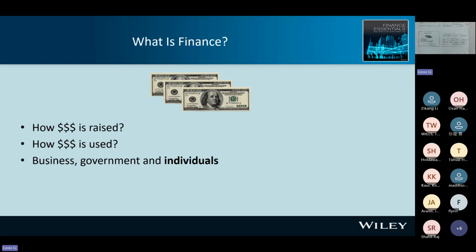It depends on how much money the choice will bring you in the future. So you can see we make finance decisions every day. A decision is about how to raise your money and how to use your money.